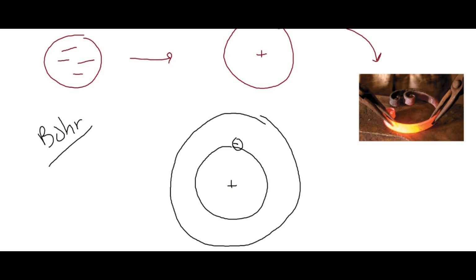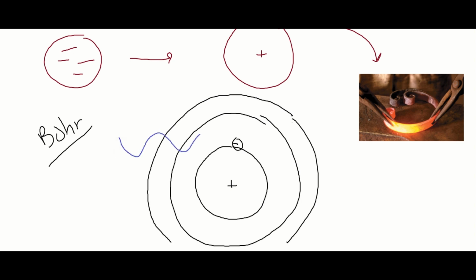So what's important to know from Bohr's model is that when an electron in Bohr's model absorbs a quantum amount of energy or more, that electron can move from a ground state to an excited state. And when that electron returns to its ground state or transitions to a lower energy state, it will release or emit energy in the form of light.